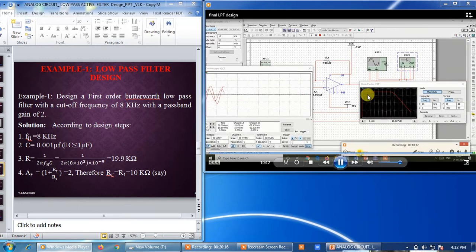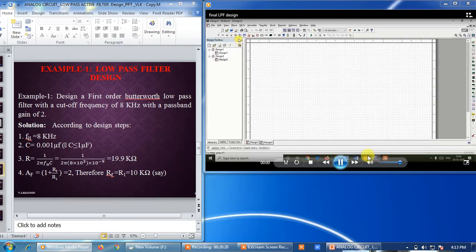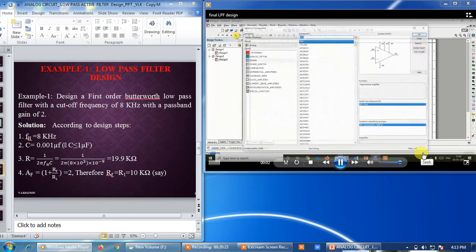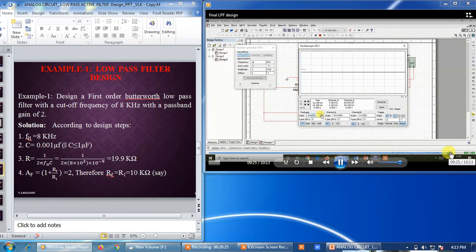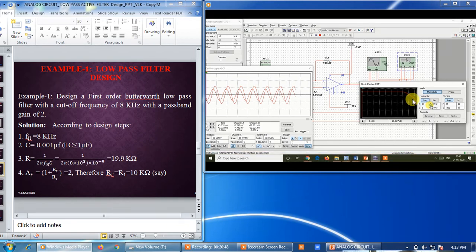As we increase the frequency, the output will be in the frequency response curve like this. Here this is constant and then decreases. So this is the frequency response curve of the low pass filter.